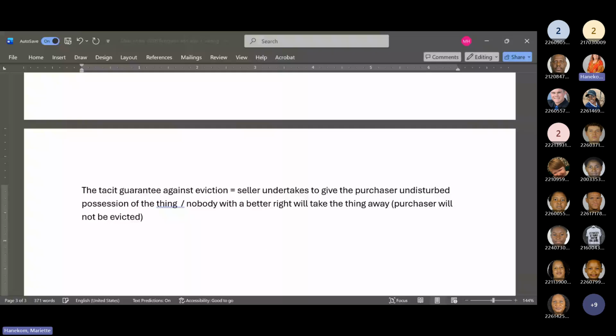So, although the contract of purchase and sale does not guarantee the transfer of ownership, it does guarantee that you will remain in possession of the thing that you bought. In order to be able to rely on this guarantee, however, the purchaser has certain duties.